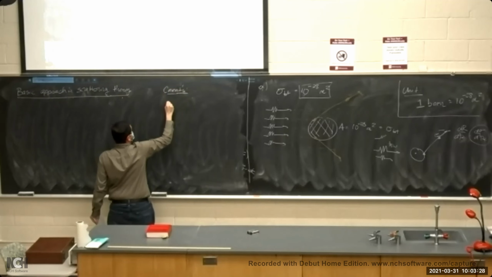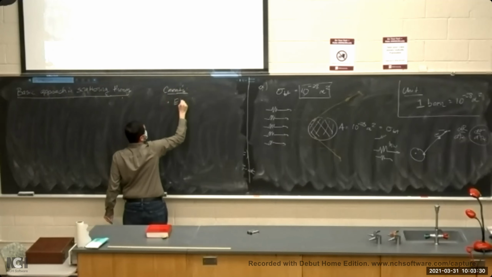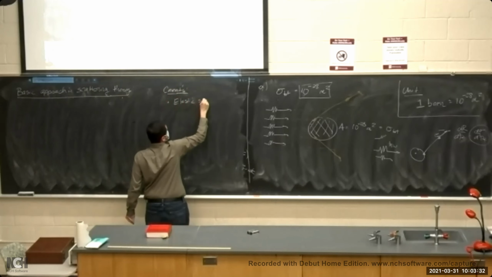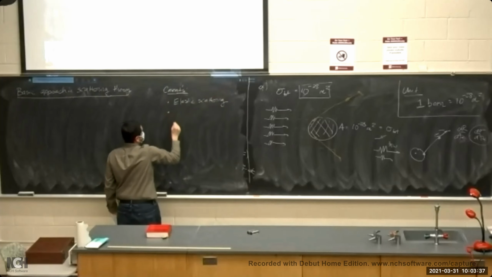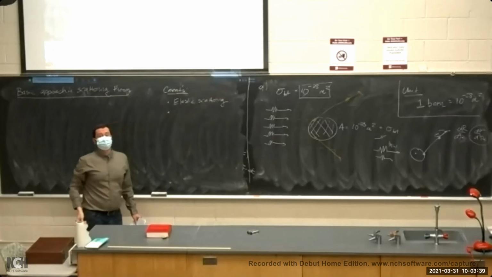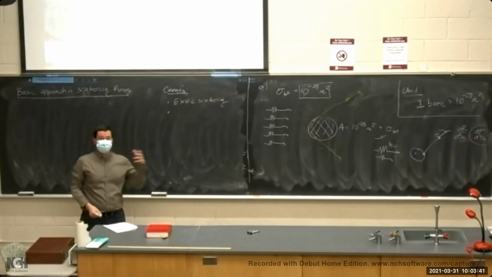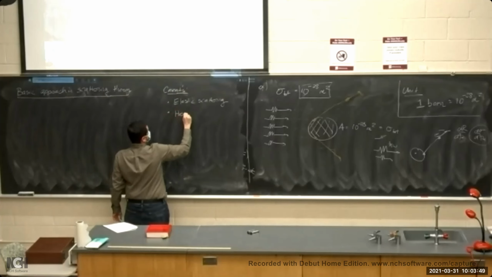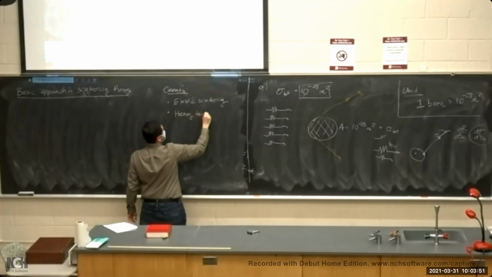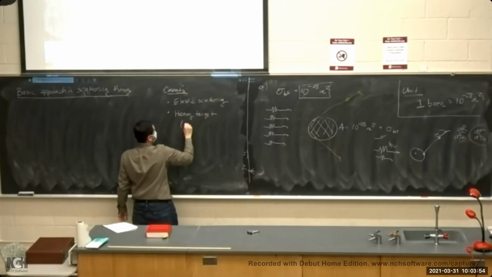So all of this is valid for the case of elastic scattering. Meaning no kinetic energy is converted into potential energy or into mass. You don't break the target apart. You don't excite it to an excited state. Kinetic energy coming in equals kinetic energy going out. Not only that, we're assuming a heavy target so that it does not recoil.